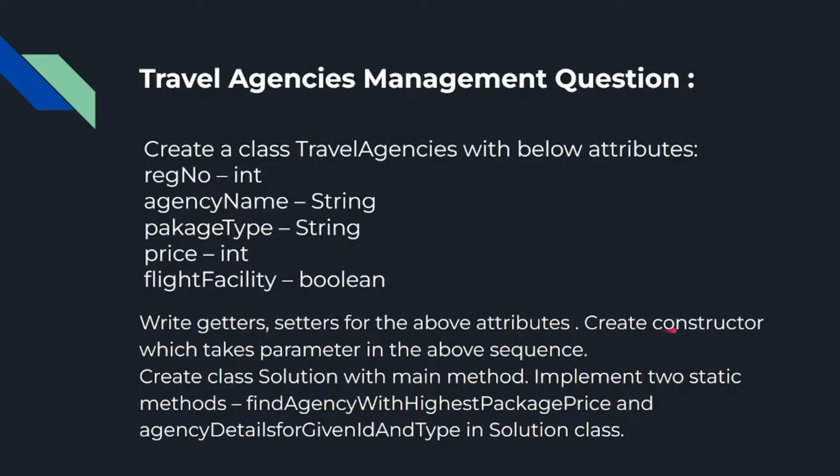They have also asked us to create a constructor which will take the parameters in the same sequence which they have mentioned here. And they have asked us to create a class called Solution which will contain the main method, and also to implement two static methods. The method names are findAgencyWithHighestPackagePrice and agencyDetailsForGivenIdAndType.